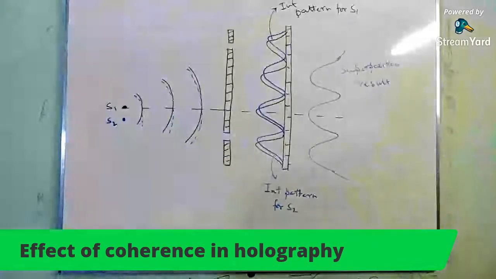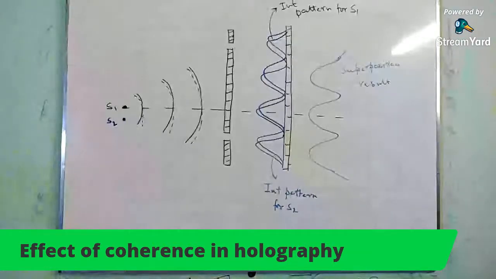So if we have a point source S1, then the light from it travels to a set of double slits where it will be separated into two new waves.